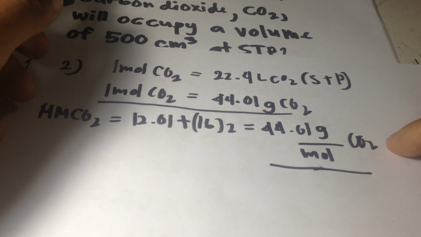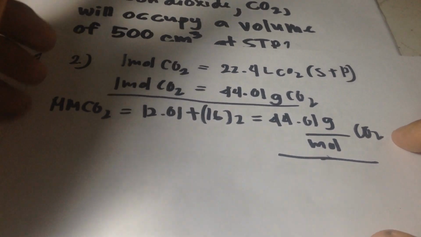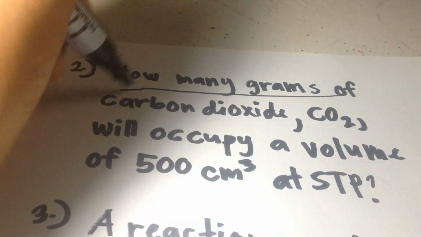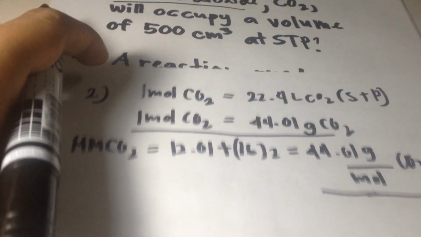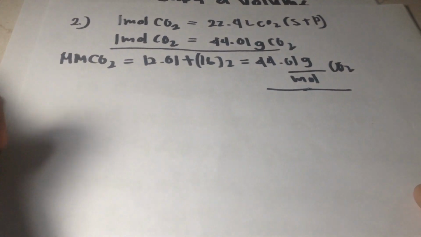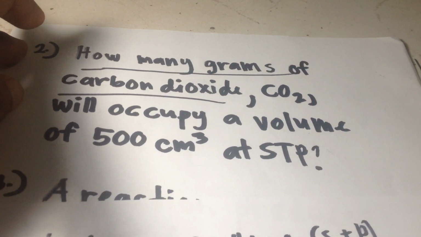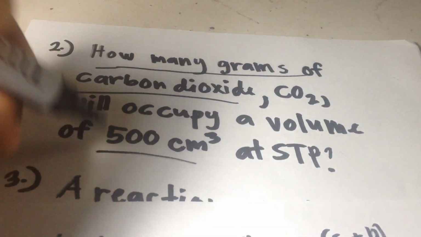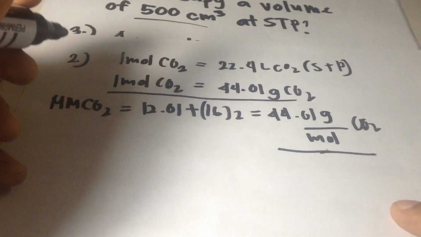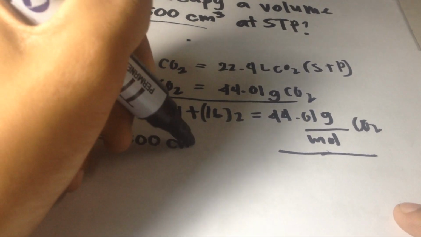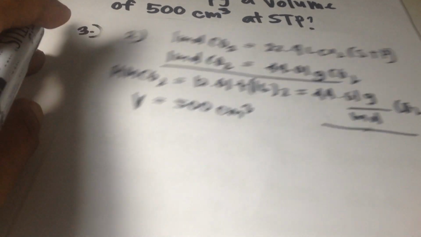And we need to find the grams of carbon dioxide here. So let's begin again. We have a volume of 500 cubic centimeters.